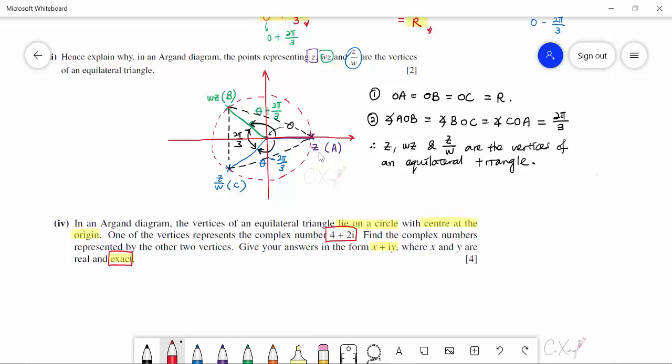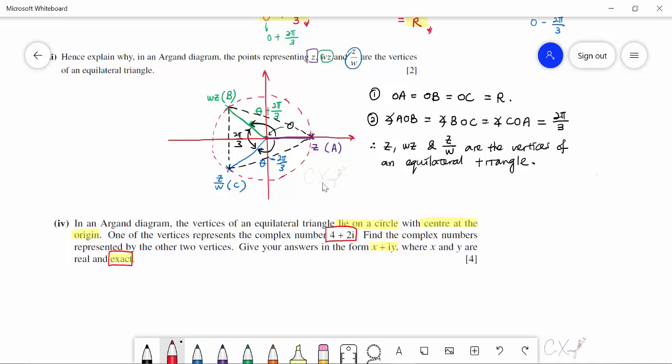So I assumed that it is with argument 0. But now they give us the complex number 4 plus 2i, so that means 4 plus 2i can be one of the points here. It can be this one, this one, or this one. They want us to find the coordinates of the other two vertices.